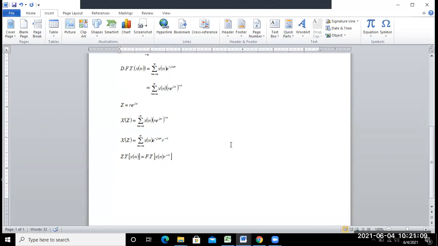Okay. So now how can we find the inverse of the Z transform? Here we have already found the Z transform of the discrete signal, that is equal to the Fourier transform of xn r to the power minus n.